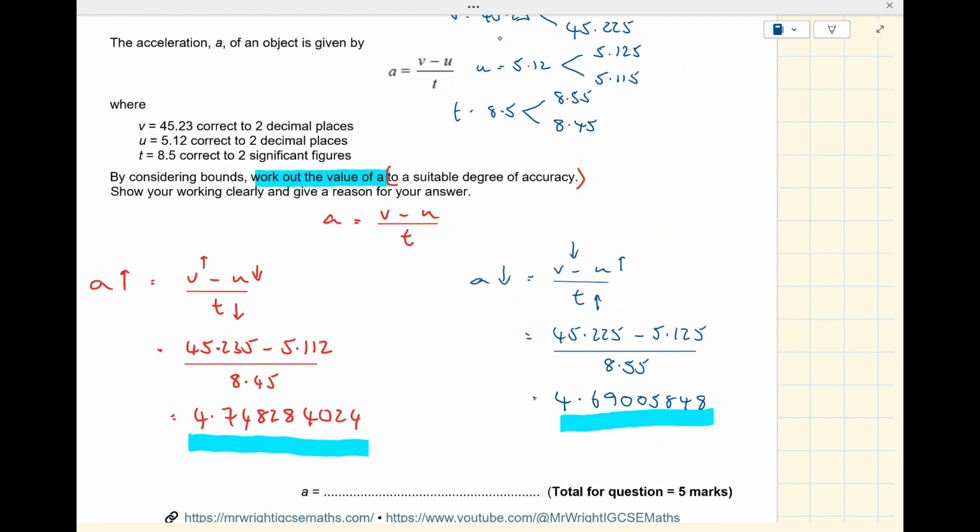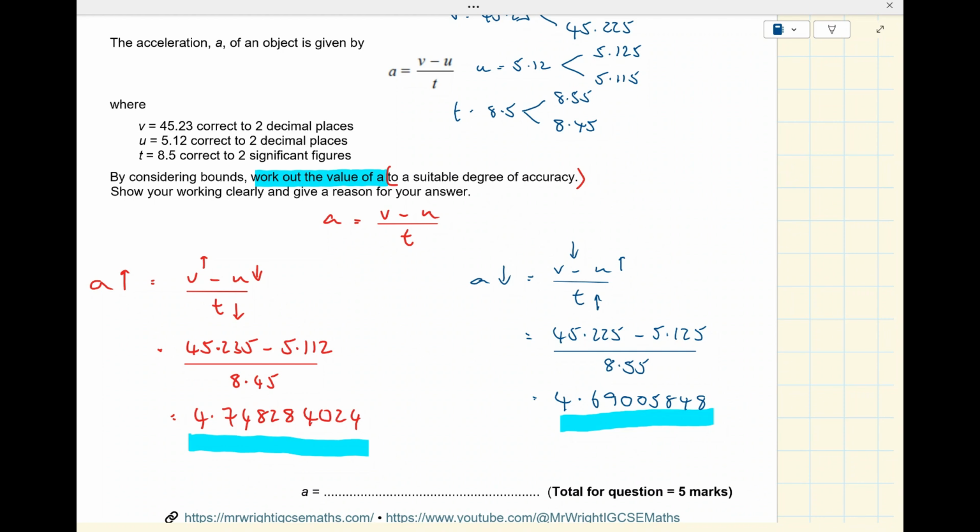Great. What about if you round it to two decimal places, or three significant figures? Well, if it were the red, it would be 4.75, and if it were the blue, it would be 4.69, no. So whatever it is between the blue and the red, you can't say for sure what it would be to two decimal places.